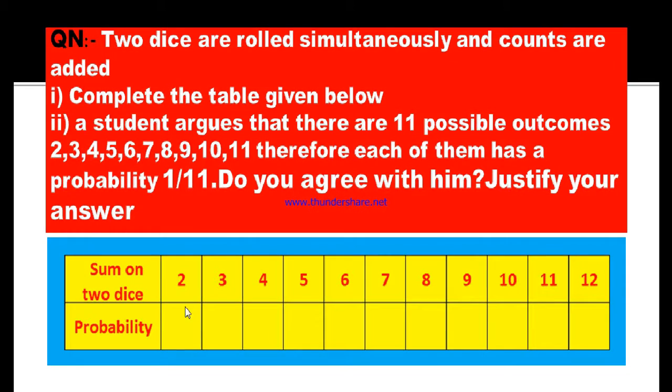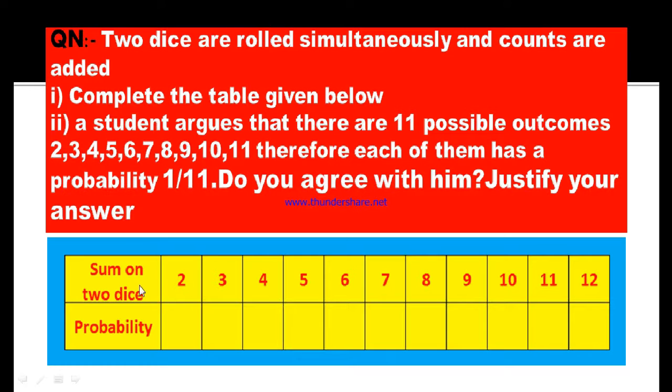Now if you look at the table, this column is meant for the sum on 2 dice. If you throw a die, the minimum score you get is 1. If you throw 2 dice at the same time, then the minimum value on the first die is 1 and the second die minimum value is also 1.